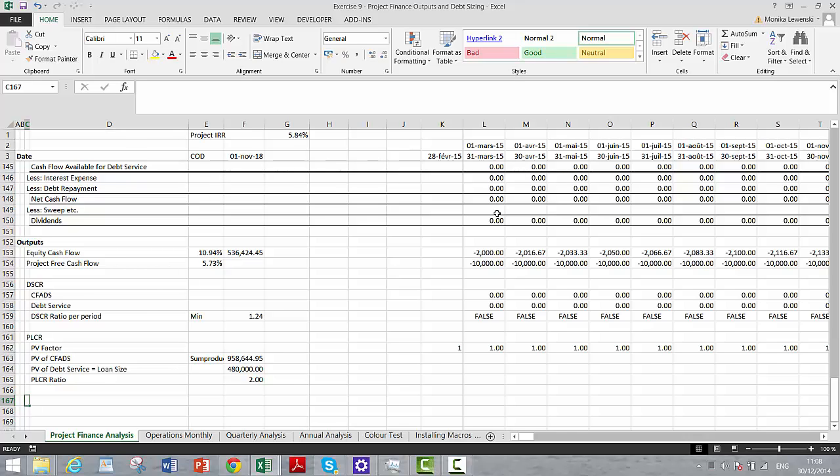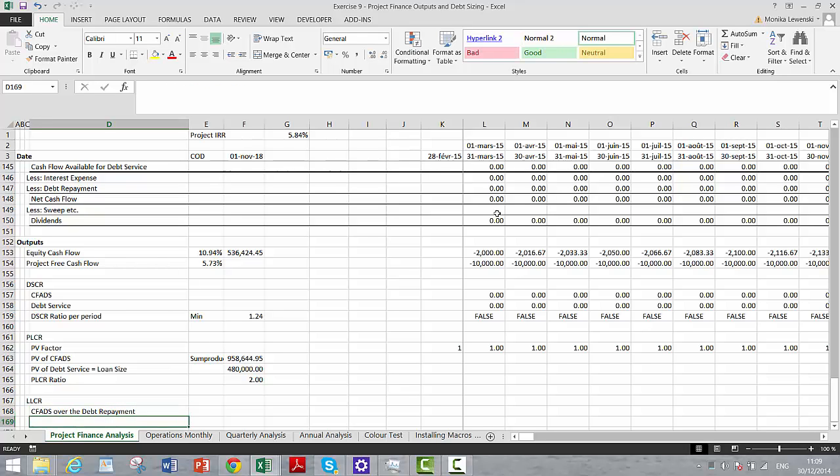So now let's compute the loan life coverage ratio. This was the project life coverage ratio. We don't need a PV factor. We need the CFADS over the debt repayment period.